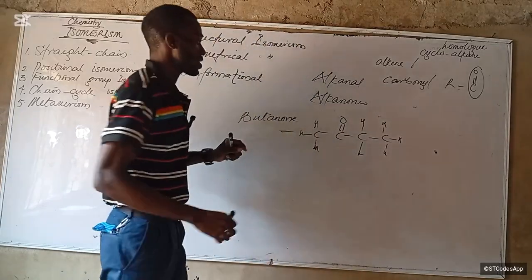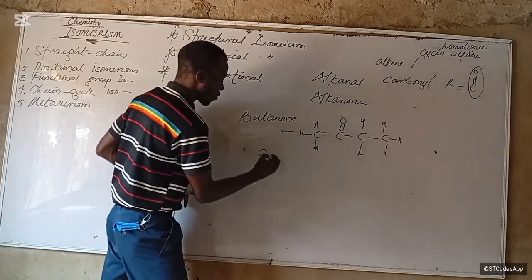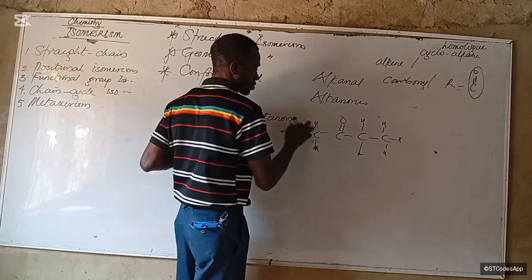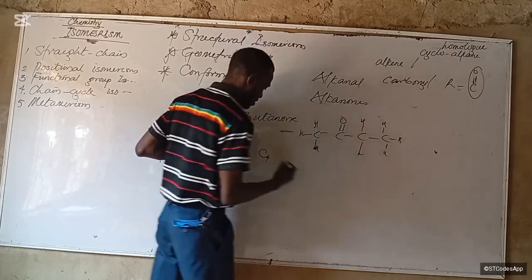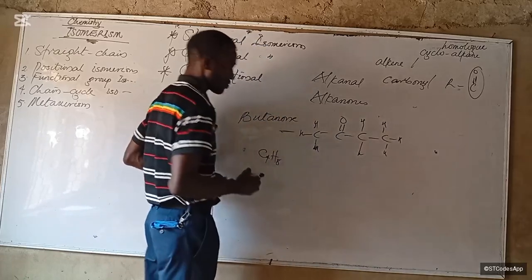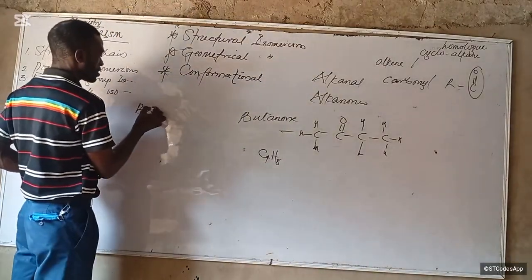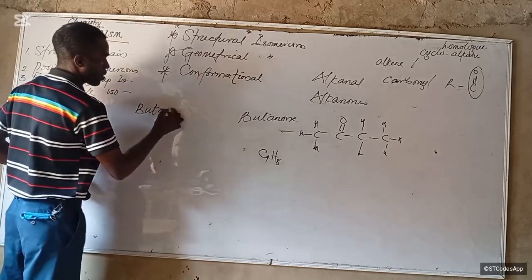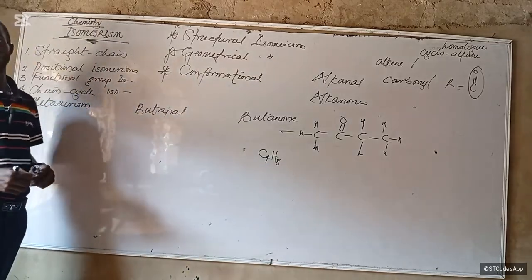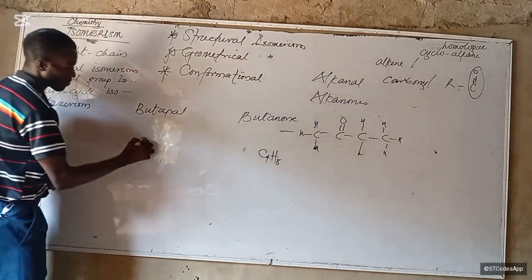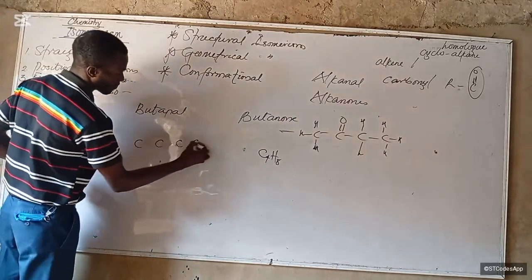Okay, let's see what happens here. Now, how many C's do we have here? 4. C4, H, 1, 2, 3, 4, 5, 6, 7, 8. H8. It's going to correspond to what? Let's see the formula for butanal. The carbonyl group will be terminal, so we're going to have 1, 2, 3, 4.